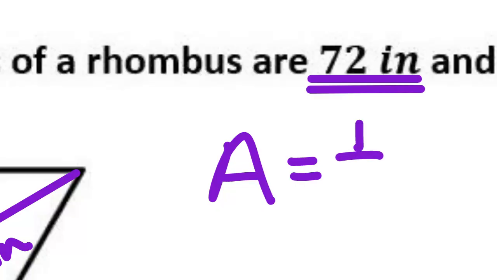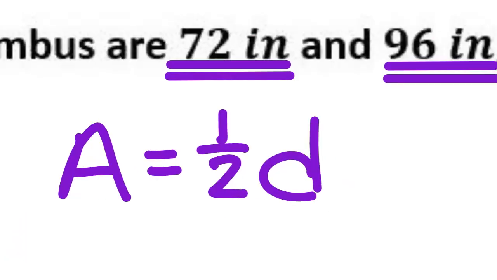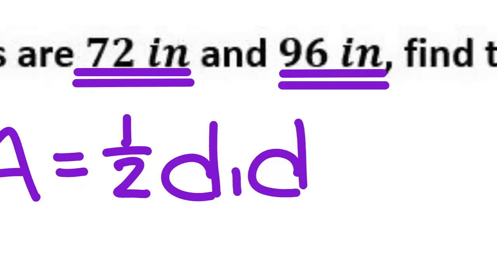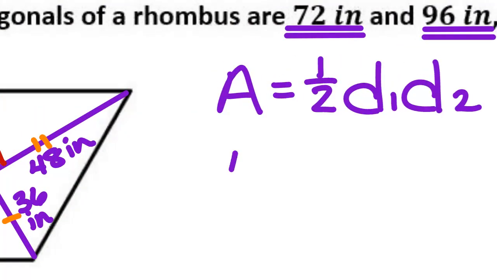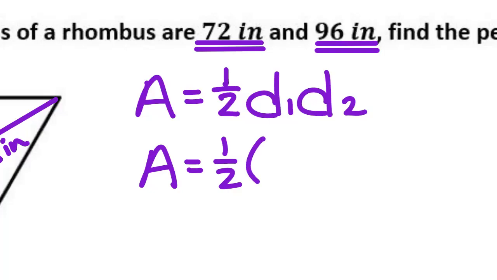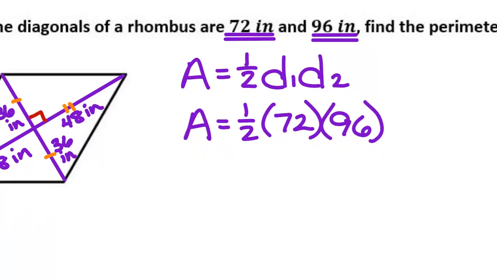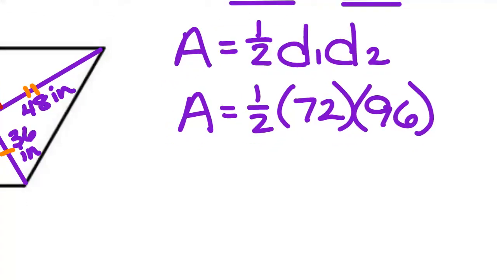We have 1/2 diagonal 1, I'm sorry, Desire, times diagonal 2. So 1/2 times what? 72 times 96. Let's grab our calculators and pop that in.